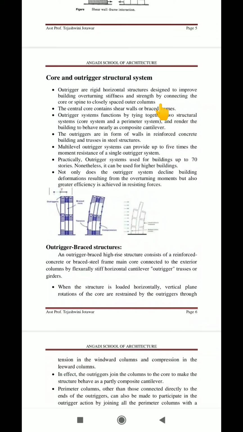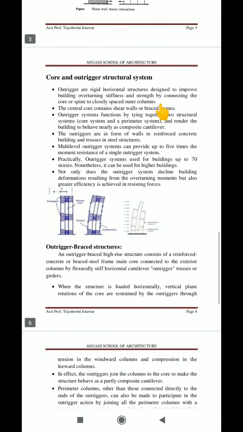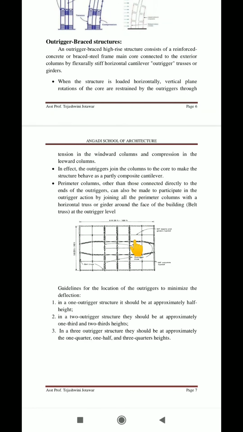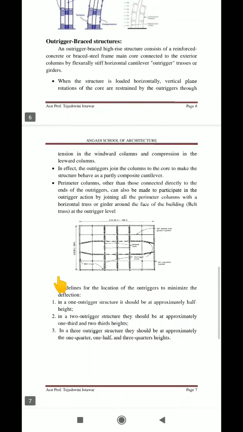These structures connect the core system with outer columns. So you can refer to this figure. This is a plan or top view of a building. Here we have outer columns or peripheral columns. Then I am providing a brace frame system here.